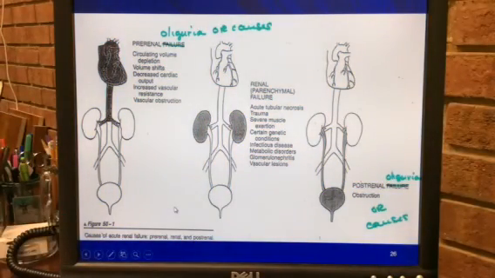This is an old picture that I had, but it's pretty helpful. I mark out failure. So you have prerenal oliguria or prerenal causes, and those involve heart and circulation to the kidneys. You have postrenal oliguria or postrenal causes. Those are obstructive things.